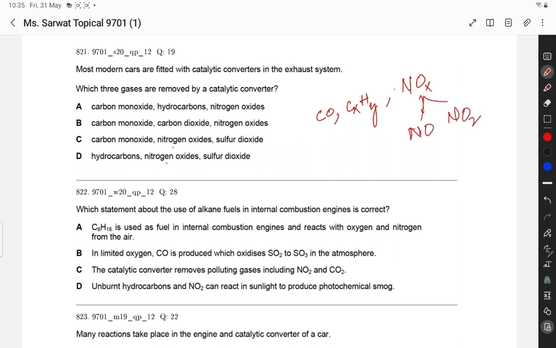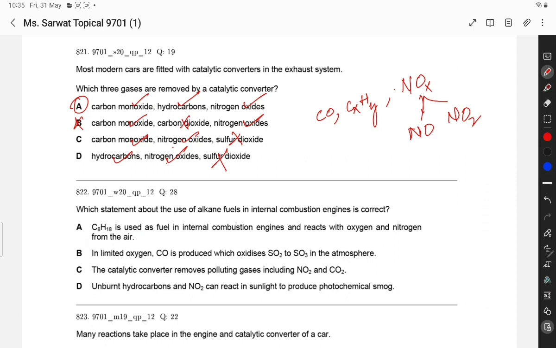So the first option, carbon monoxide can be removed, hydrocarbon can be removed, nitrogen oxide can be removed. In second option, carbon dioxide cannot be removed, so this is incorrect. Sulfur dioxide cannot be removed by using a catalytic converter. Hydrocarbons can be removed, oxide of nitrogen can be removed, this can be. So A option is correct option.